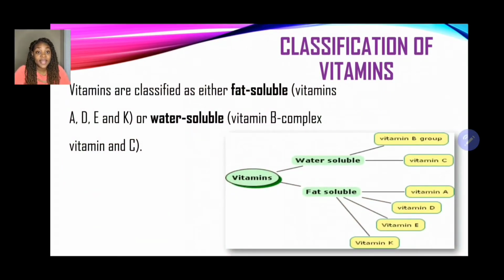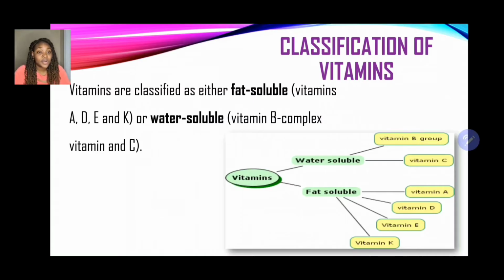Vitamins are classified as either fat-soluble, meaning that these particular vitamins dissolve in fats, and they are A, vitamin D, vitamin E, and vitamin K, or for short, we can say ADEK, right? Or water-soluble vitamins, which are the vitamin B complex, or the vitamin group, and vitamin C. Good.